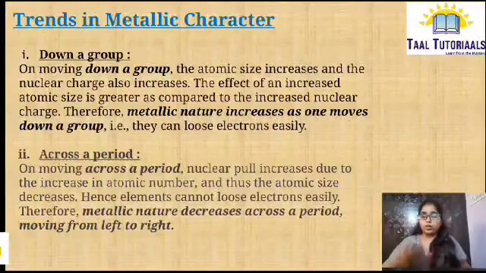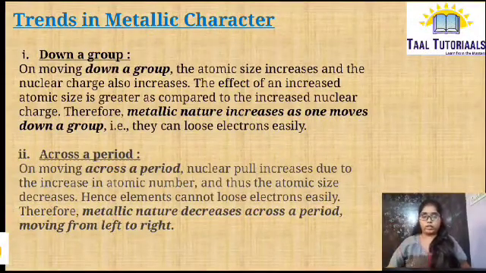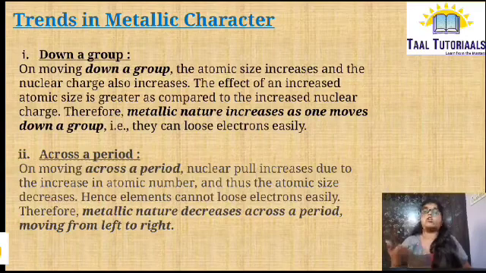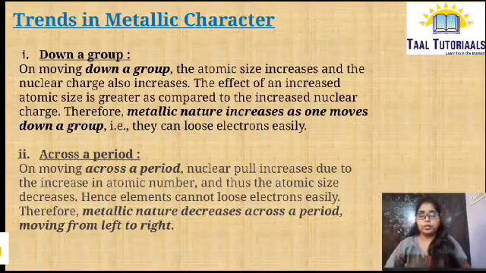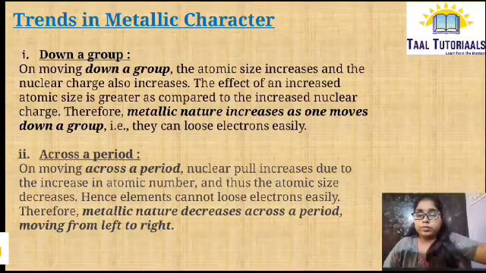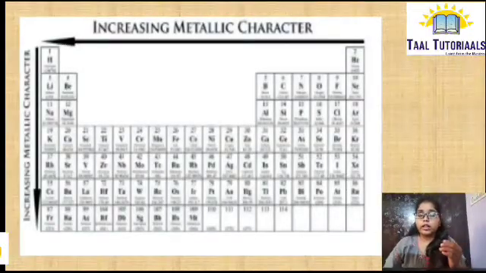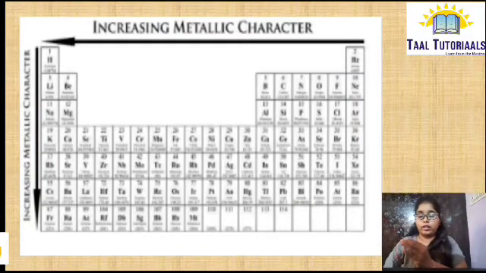When coming down a group, atomic radius increases, metallic character also increases. When you move from left to right across a period, atomic size decreases and metallic character also decreases. Here you can see in this picture there is an increasing metallic character from top to bottom, and if you take from right to left, there is an increasing metallic character.